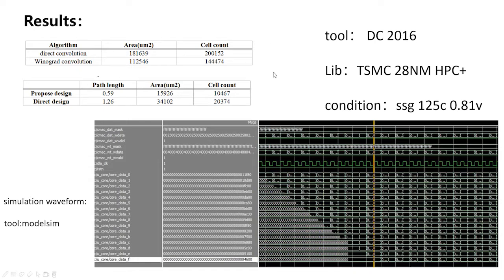As we can see, the area and cell count, as well as path length, are greatly reduced. And here are the simulation waveforms. We use the two model themes.